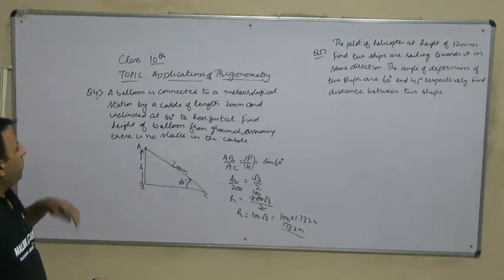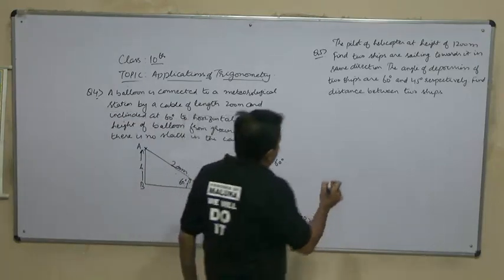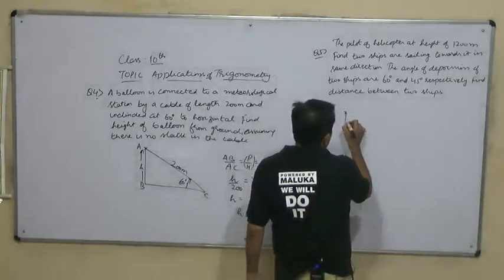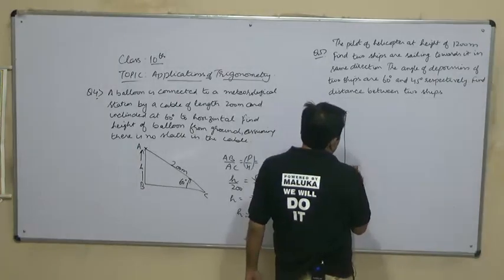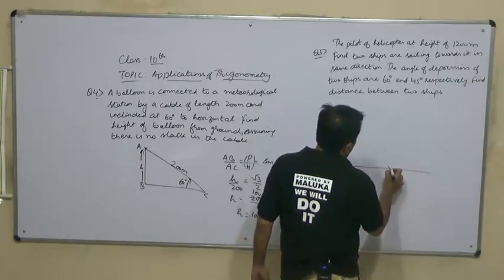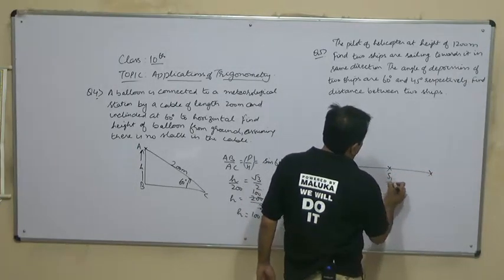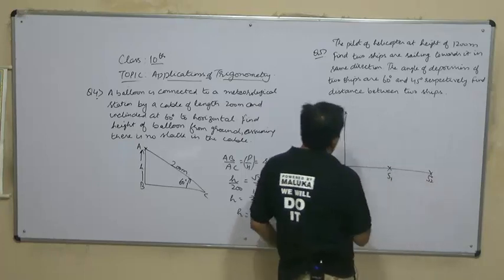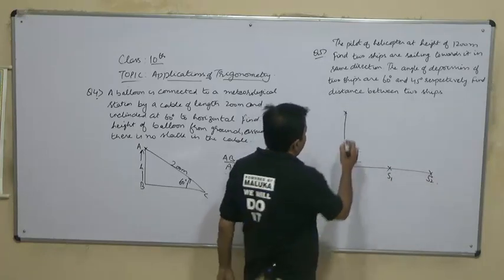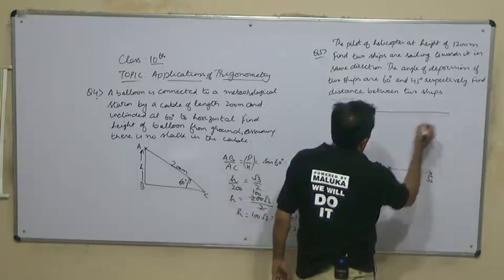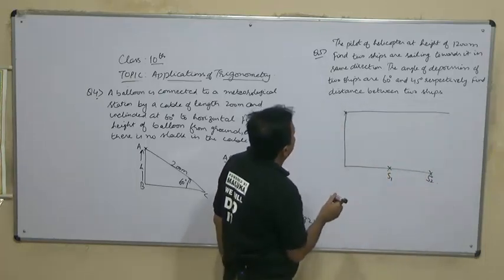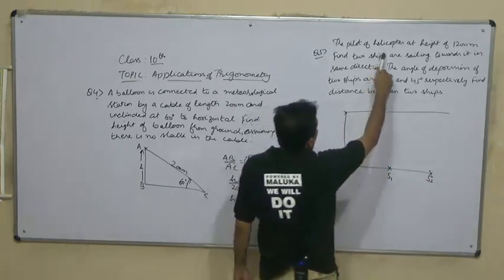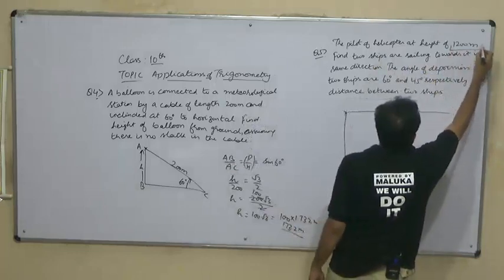So here, pilot of a helicopter, for example, this is your helicopter, here pilot is there and he observed that two ships, that is S1 and S2 at this position. This helicopter is at the height of 1200 meter.